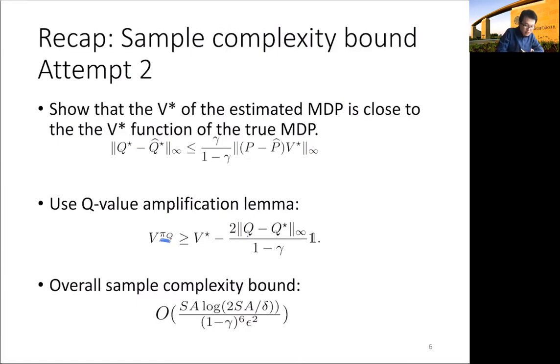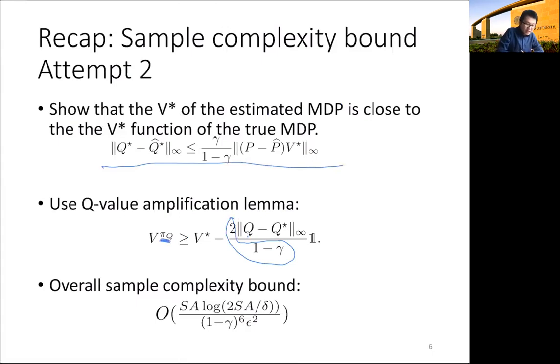The slight catch is that now we have this 1 over 1 minus gamma amplification factor that makes the error slightly larger. Okay, so with this lemma, it reduces the problem to bounding Q hat star and Q star, which we can derive, and it satisfies this property.